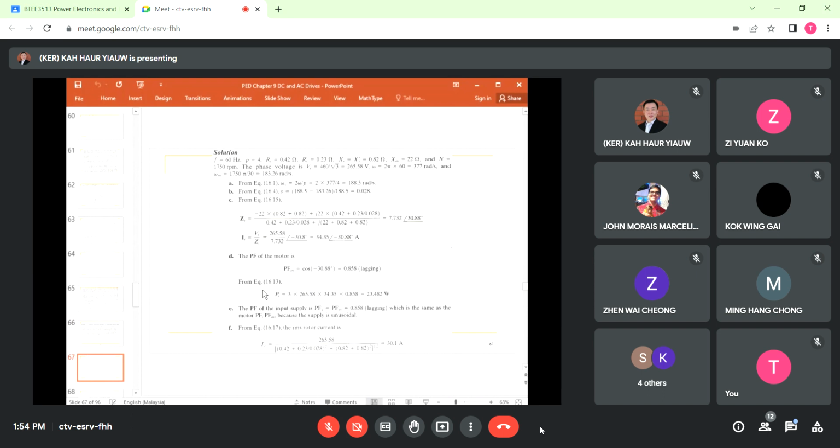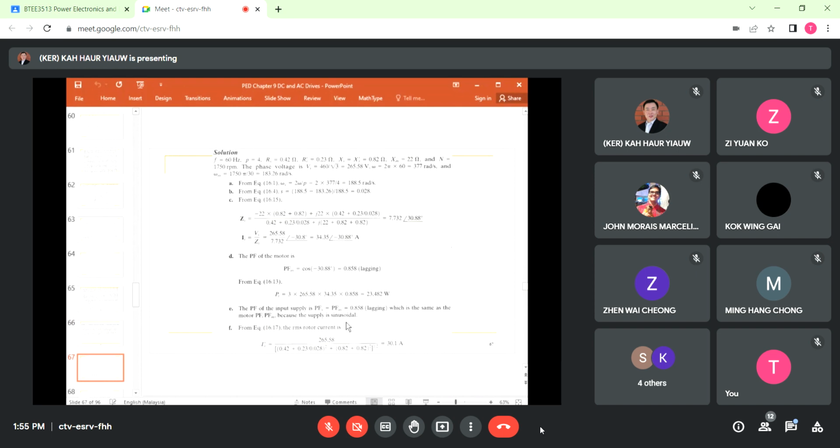From equation 13, the input power Pi is equal to 23,482 watts. The power factor of the input supply is equal to the PFm, which is also 0.858, the same as the motor power factor.